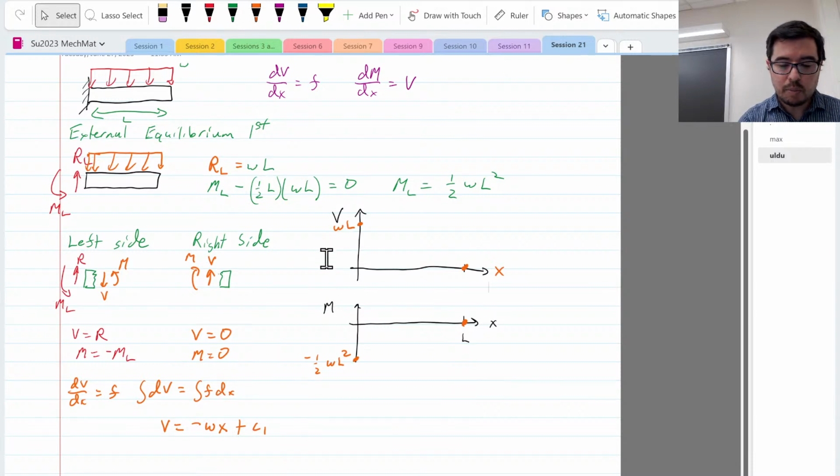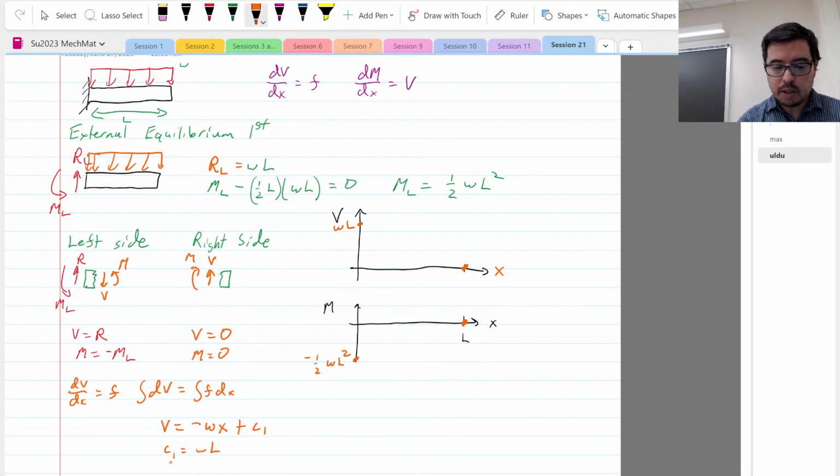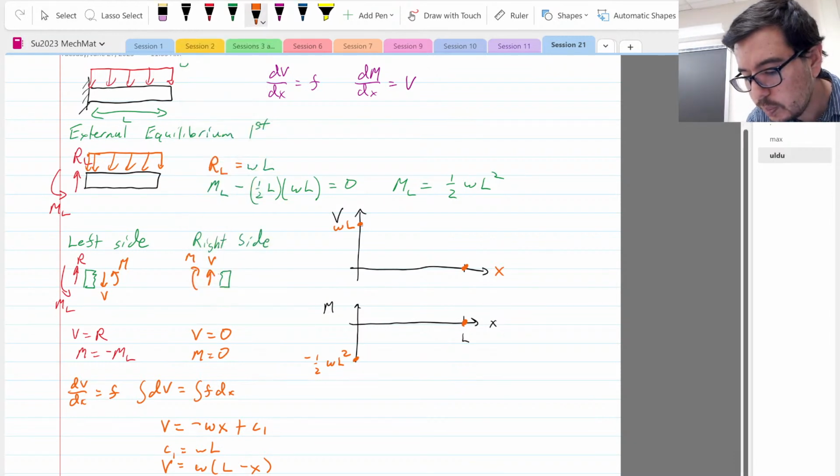So this expression is V equal to w(L minus x). And that allows us to draw a straight line just like that.